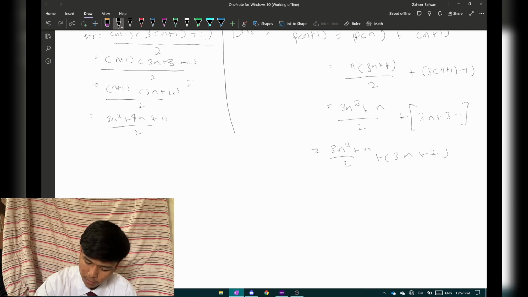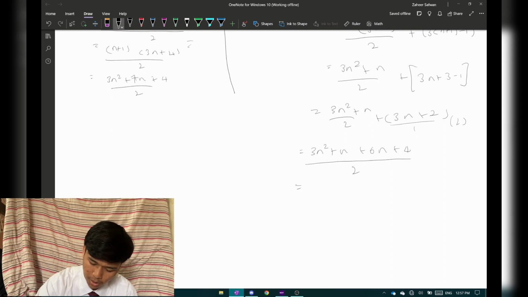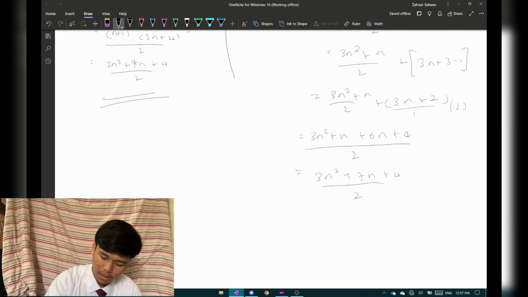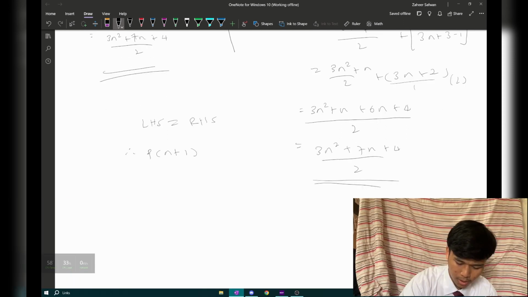This time multiply this with 2, and we get (3n squared plus n plus 6n plus 4) over 2, and to simplify this term, (3n squared plus 7n plus 4) over 2. Since we got left hand side equal to right hand side, P(n+1) is true.